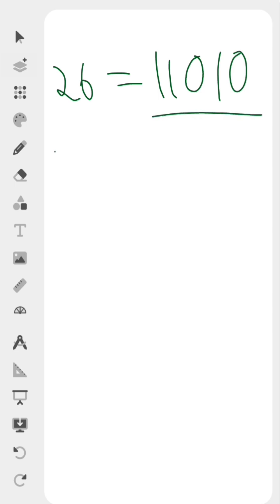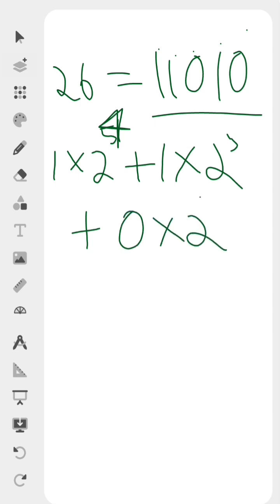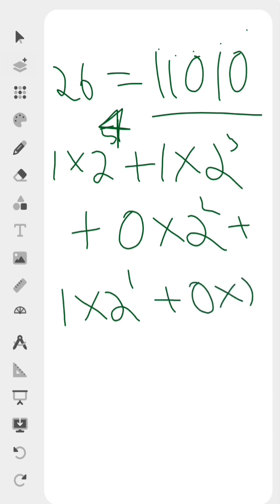Again I have to convert this, so I will write 1 into 2 to the power 4 (the powers go 1, 2, 3, 4), plus 1 into 2 to the power 3 plus 0 into 2 to the power 2 plus 1 into 2 to the power 1 plus 0 into 2 to the power 0.